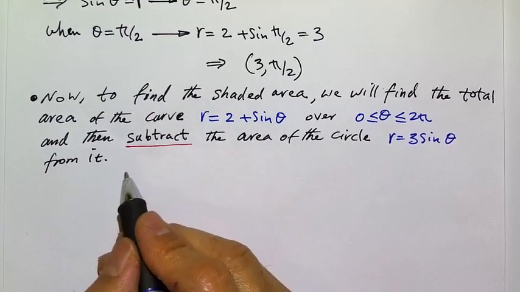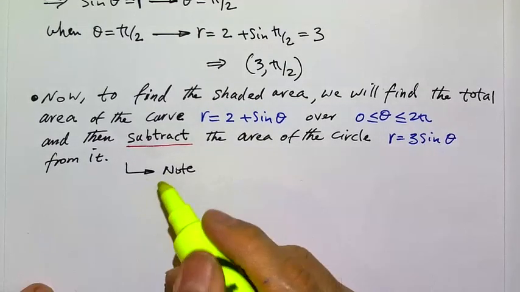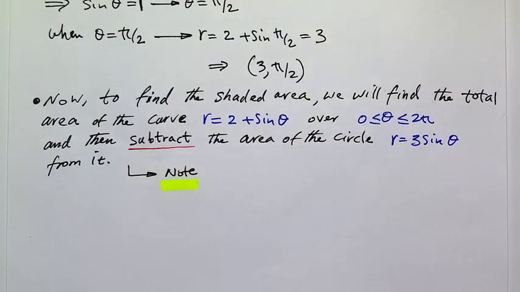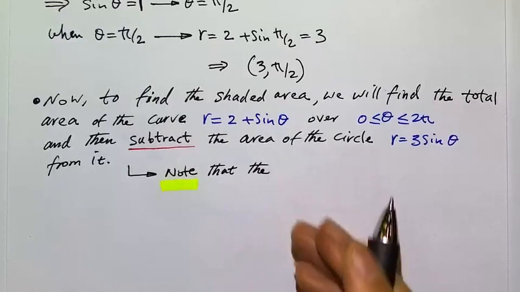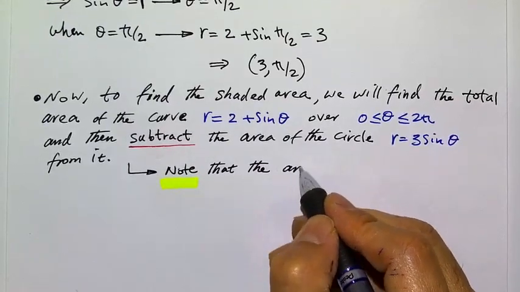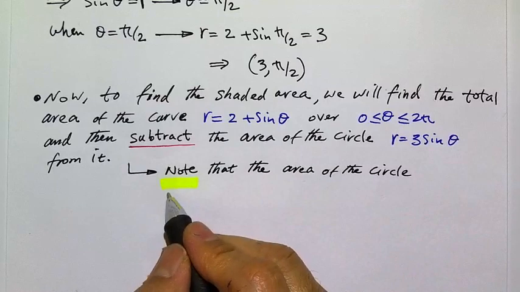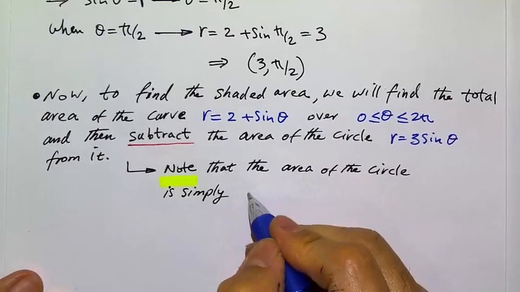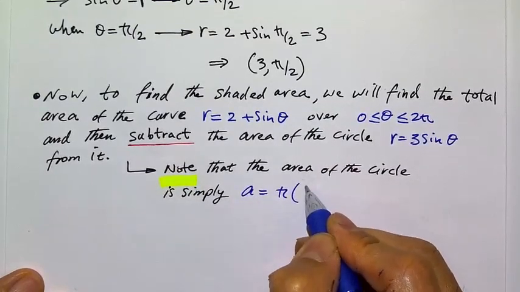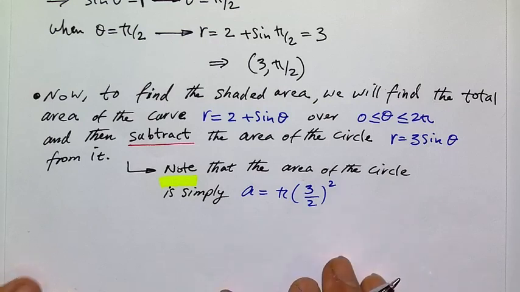And then let me, continuing here, so the area is simply pi times 3/2, which is radius, right? Radius squared. Okay, like that.